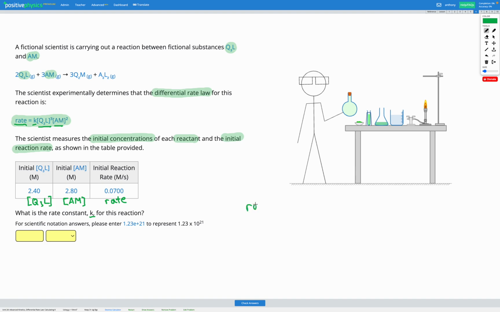So we've got rate equals K multiplied by Q3L cubed multiplied by AM squared. Those are the concentrations. That's what we got given in the question. We want to rearrange for K. So I'm going to divide by the concentration of Q3L cubed multiplied by the concentration of AM squared on both sides.